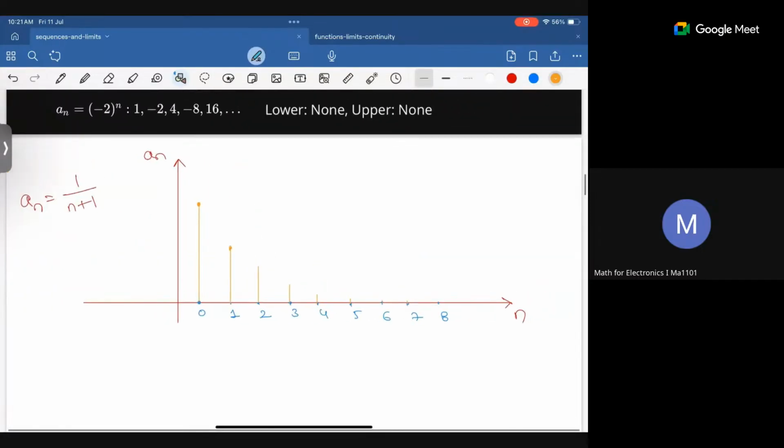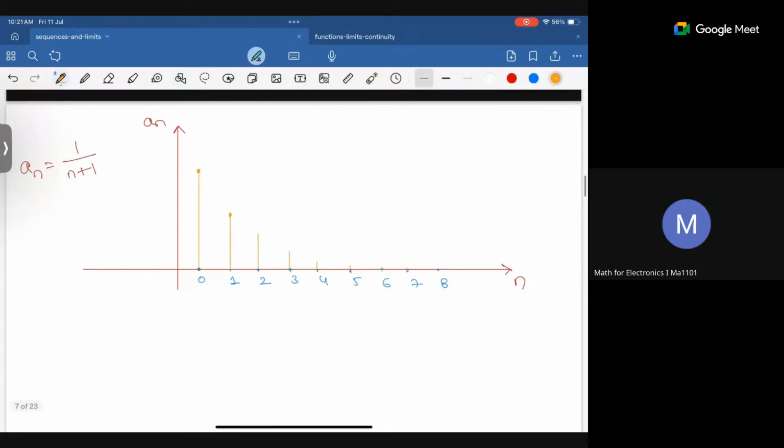At 7 itself, 1/7 is very close to 0, and we can see that. So now what is this upper bound?